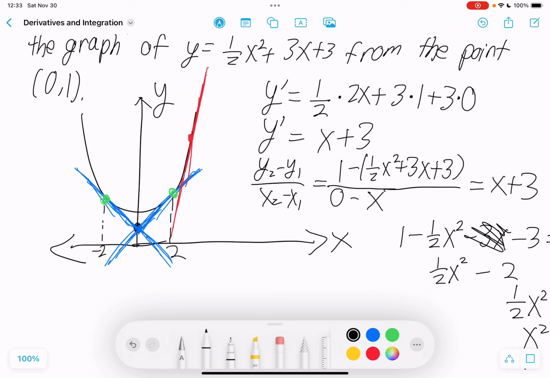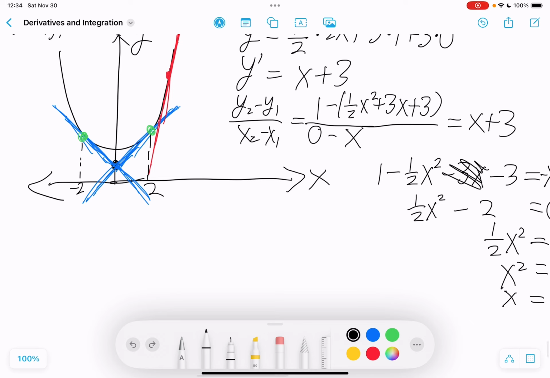Well, how do we find the equation then? Now that we know the x-coordinate, we can first find the slope using the derivative of this graph. So the first slope, which we'll call m1, is going to be negative 2 plus 3, which is 1. Now we know the slope, we can write the equation in point slope form. In point slope form we have y minus y1 equals m1 times x minus x1.